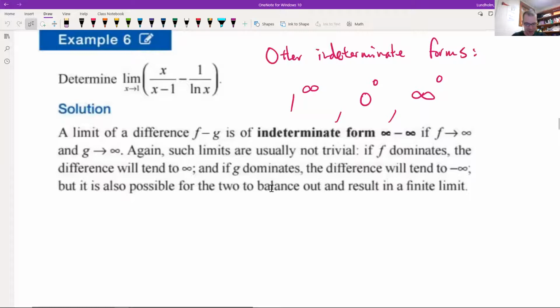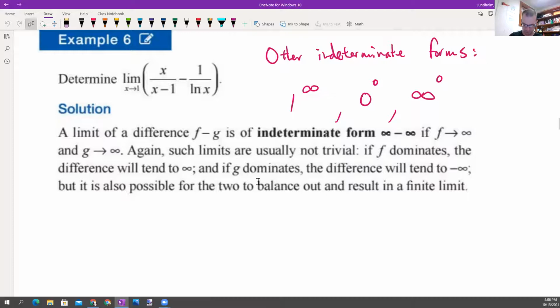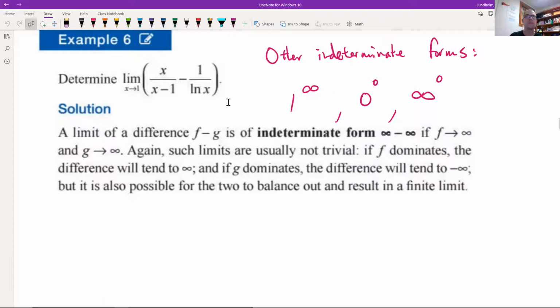Here we get to example 6. We got indeterminate forms, some new indeterminate forms. There's actually another video that you guys could watch. It's fairly short again.